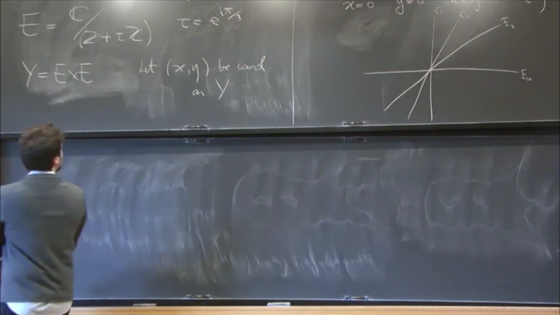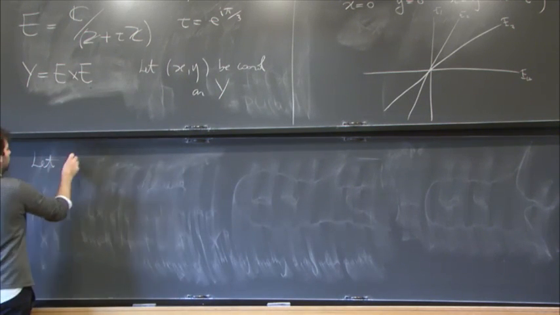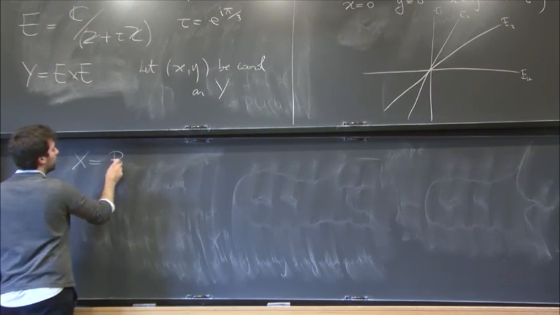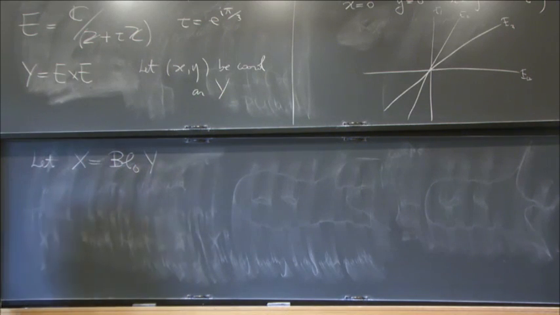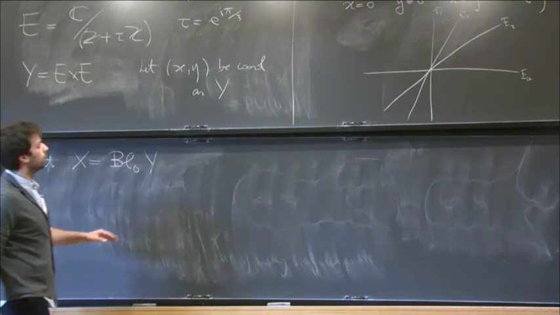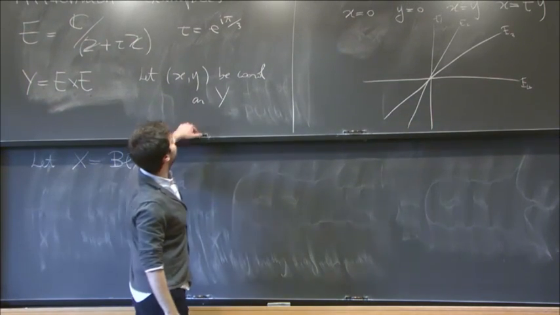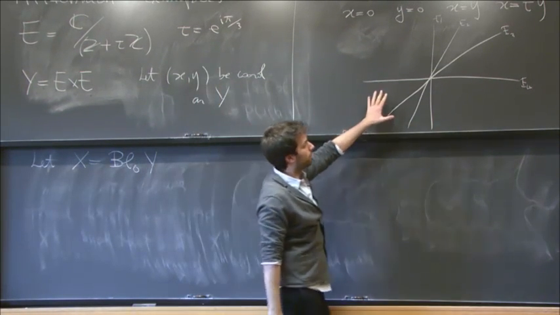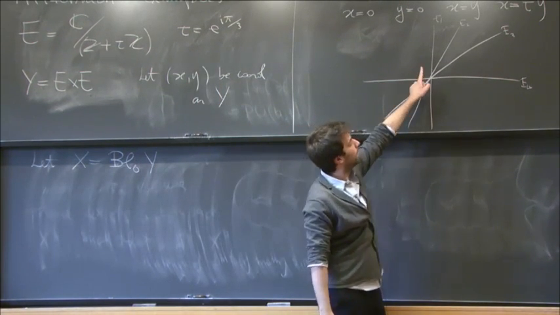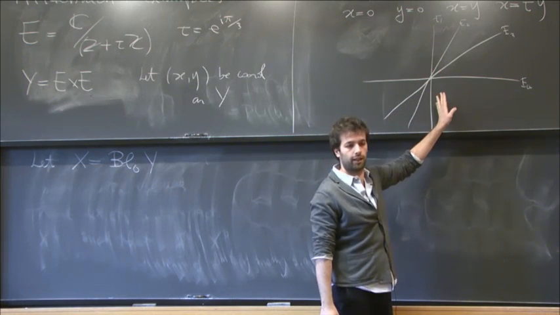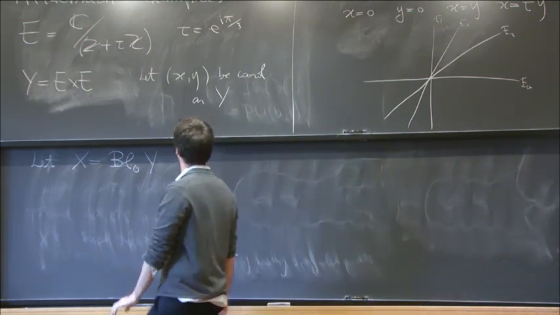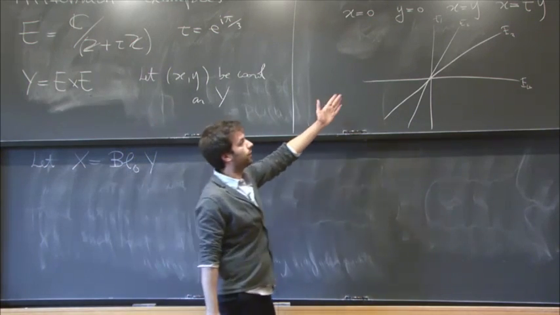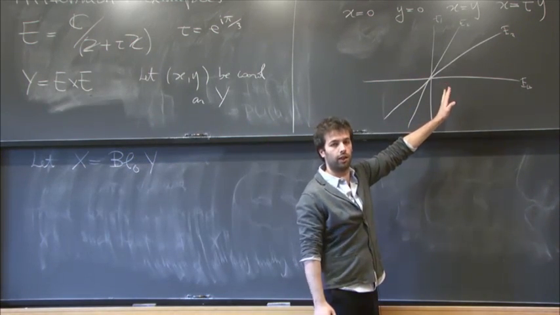Okay, so let X be the blow up at the origin of Y. The reason why I choose this tau is basically because it's an easy computation that E1, E2, E3, and E4 intersect only at the origin. And so when I blow up and I look at the strict transform, I get four curves which are disjoint.